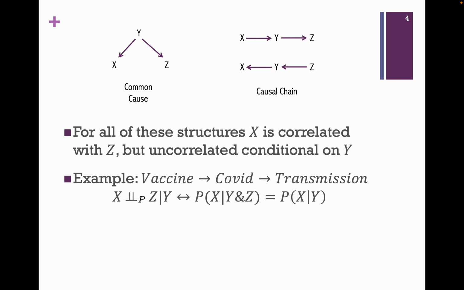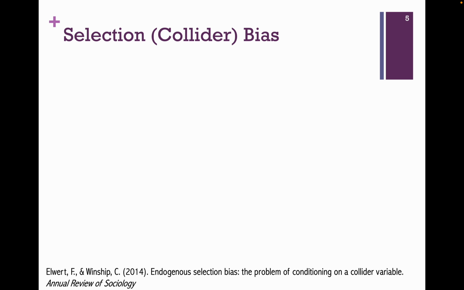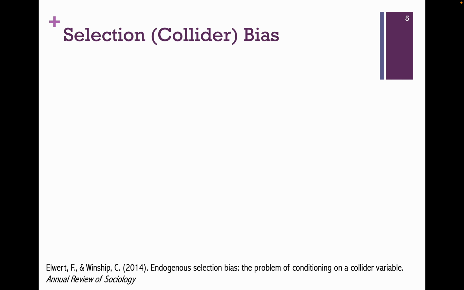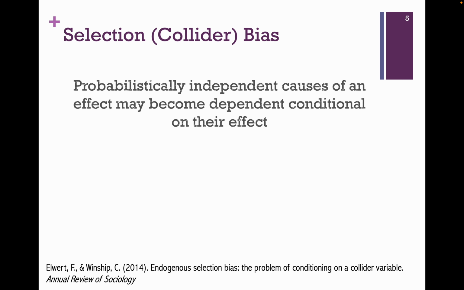And here it helps to know that when X and Z are independent given Y, the probability of X given Y and Z is equal to the probability of X given Y. And here philosophers will sometimes say that Y screens off X from Z, where the intuition is, if you know whether someone did or did not get COVID, further knowing whether they got the vaccine will provide no further information about their transmission probability.